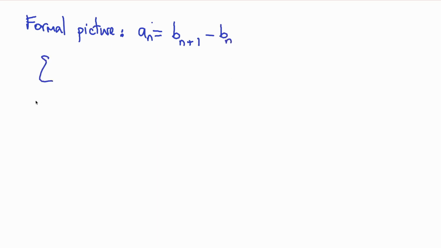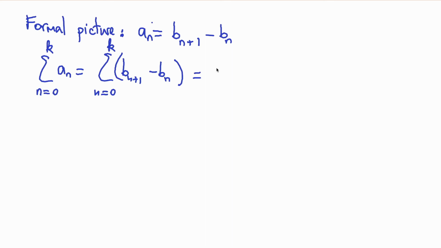And then the partial sum of the series is just going to be the sum from n equals 0 to k of b_(n+1) minus b_n. That's what we did in our previous example, where we identified the terms of the sequence as being a difference of two subsequent terms in a different sequence. And so this one becomes quite simple.